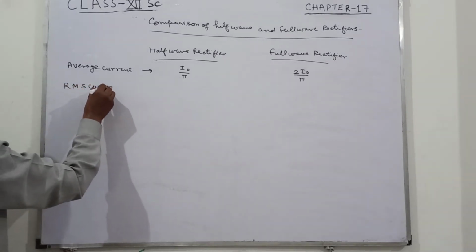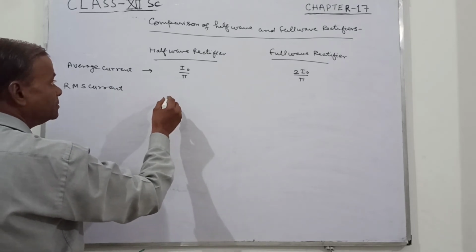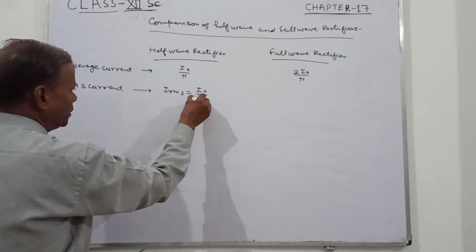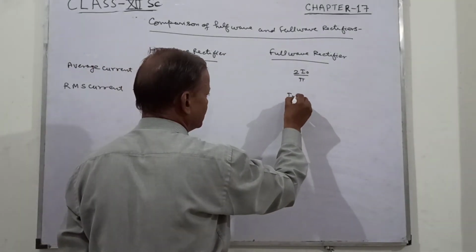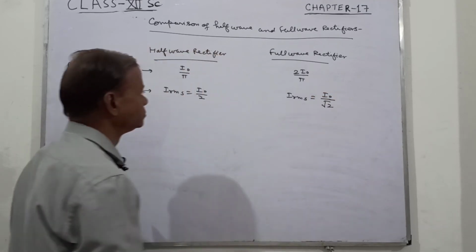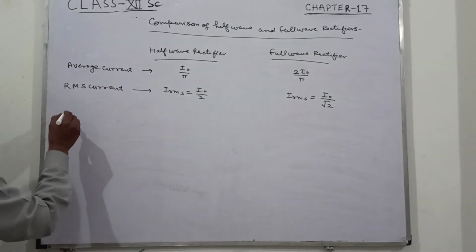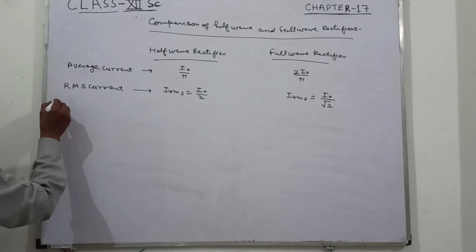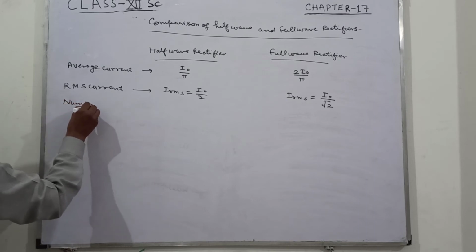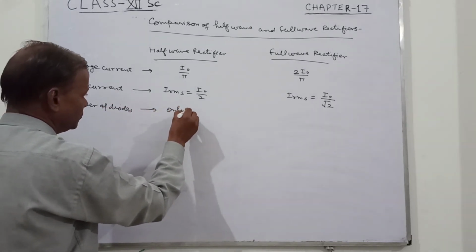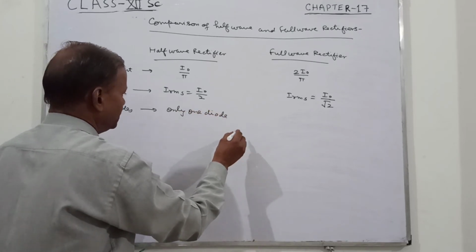RMS current, this IRMS, is equal to I naught upon 2 in half wave, and here this IRMS is equal to I naught upon root 2. And here we have the number of diodes: here only one diode, here we have two diodes.